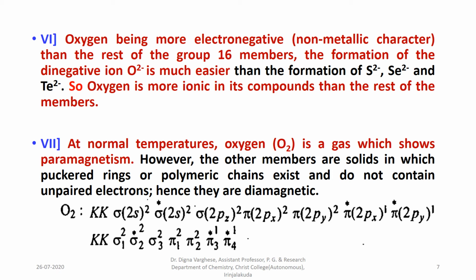In the case of the oxygen molecule, in the molecular orbital configuration, oxygen is paramagnetic as there are unpaired electrons, while in the case of the other elements there are no unpaired electrons and hence they are diamagnetic.